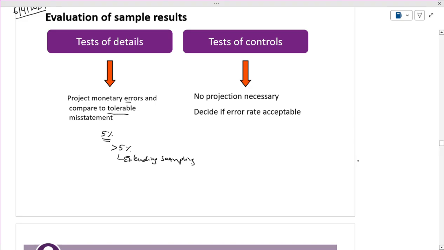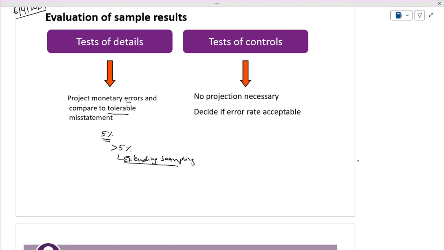Tolerable. If the projection and tolerable are within a matching comparison, then things will work. But if your projections are more than tolerable, then we have to focus on extending and taking more samples. We have to be focused on the concepts.